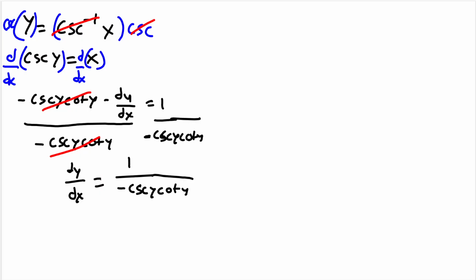Well, we want to think a little bit about our Pythagorean identities. If you recall, and again, I made a video about this in the Understanding Not Memorizing series, 1 plus cotangent squared of y has to equal cosecant squared of y. If you're confused on how I got that, watch the video I made a while ago, which goes over all 3 Pythagorean identities.